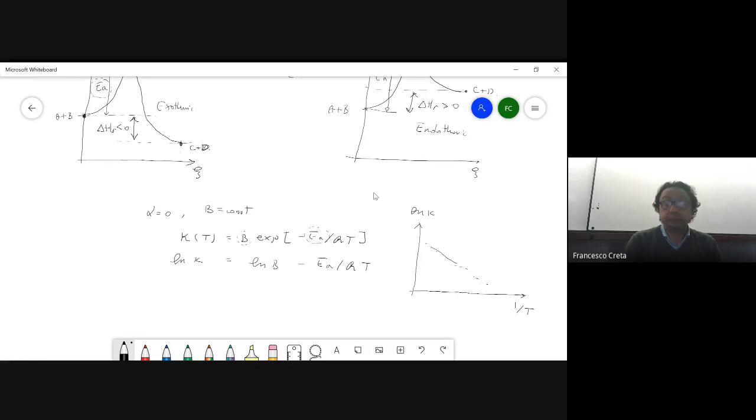You simply do a line fitting with this functional form, and you will see that the intercept will be the logarithm of B, and the slope would be minus EA over R. But that's just an obvious thing.